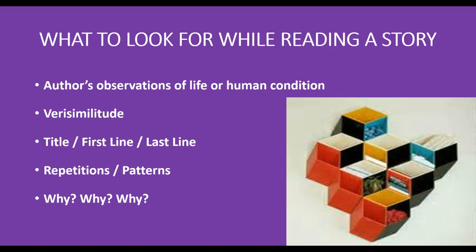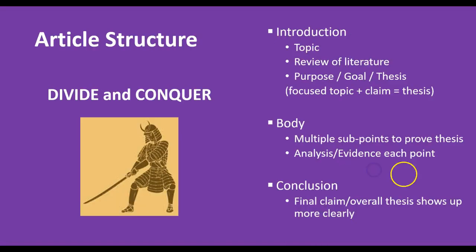Feel free to do a little internet research to see if what you're thinking matches with what other people have thought, or to help you formulate your own thoughts on it. So while you're reading a story, don't make it passive, make it active. And I have in the next unit a printout for you so that you can look at some of the things in the stories. Now, reading an article is a different set of skills.